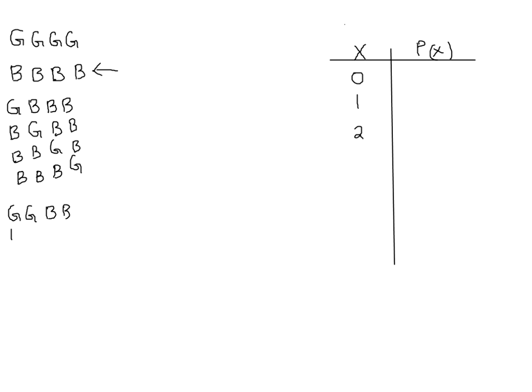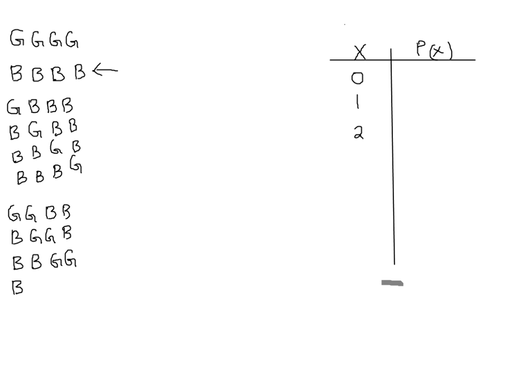And just because it's easier, I'm going to take those two G's and move them in a diagonal so I don't miss any of the possibilities. So I have B, and those two G's are just moving a little forward. So B, G, G, B, and then B, B, G, G.